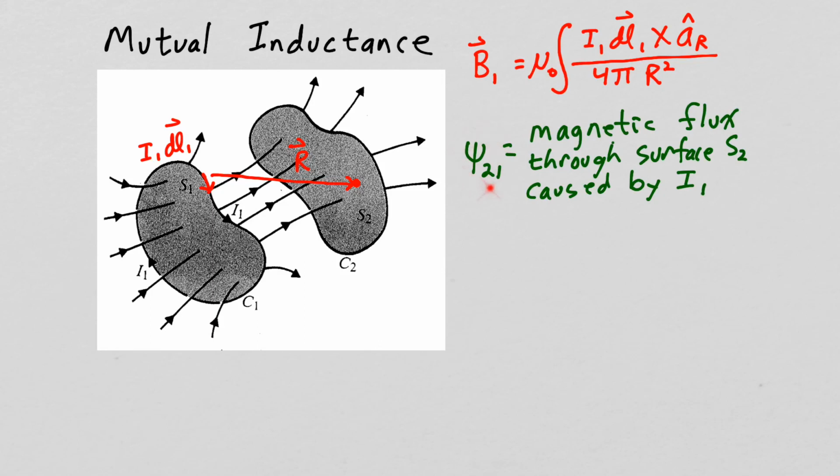So psi sub 2,1 will be the magnetic flux through surface S2 caused by current I sub 1 flowing in coil 1. The mutual inductance will be defined as the flux linkage, that is, the number of turns of coil 2 times the flux going through surface S sub 2 originating from coil 1, divided by the current flowing through coil 1.